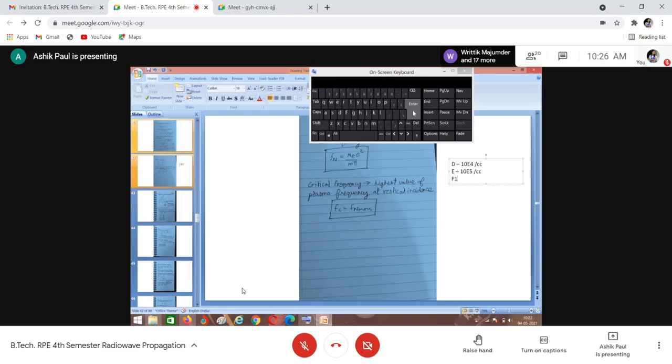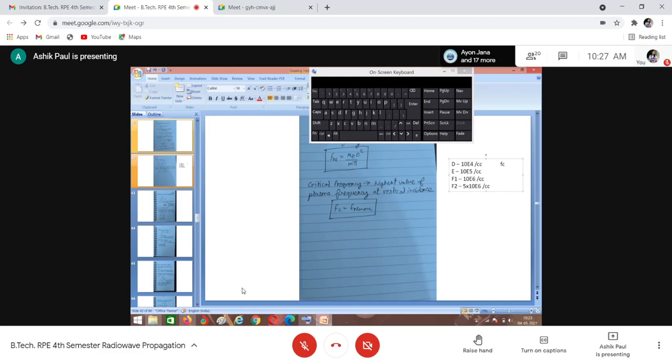For the F1 layer it is 10 to the power 6 per cc. And for the F2 layer it is, suppose, 5 into 10 to the power 6 per cc. Could you please calculate the corresponding values of f, or fc, for each of these layers?